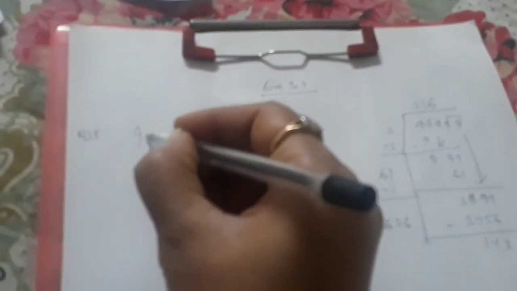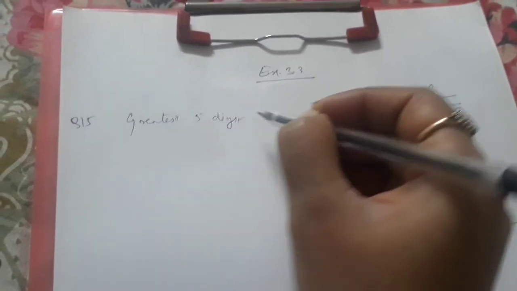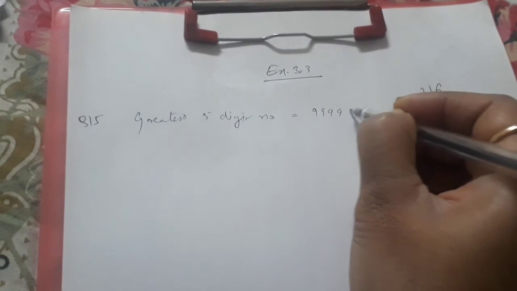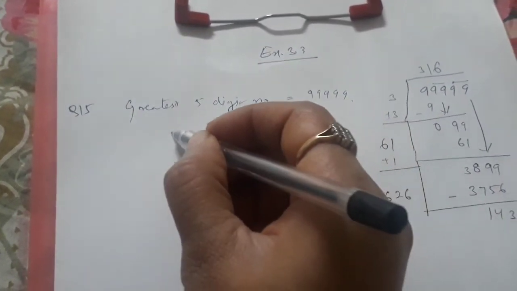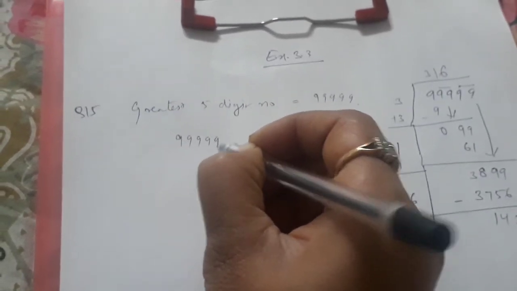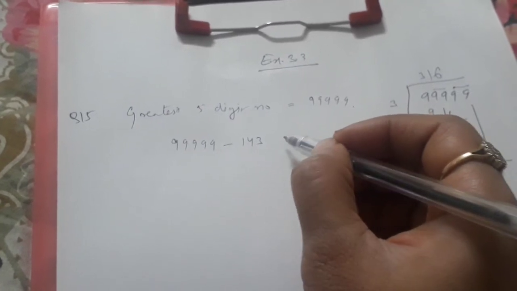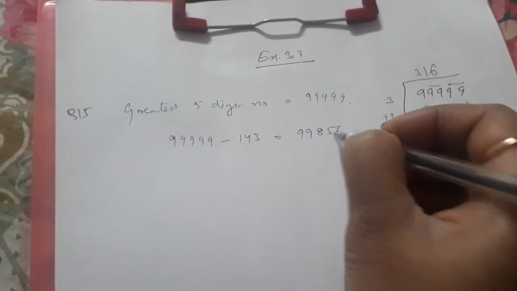So as we know, the greatest five digit number is 99999, but we have to find the greatest 5 digit number which is also a perfect square. So we have to subtract 143 from 99,999, and we will get 99,856.